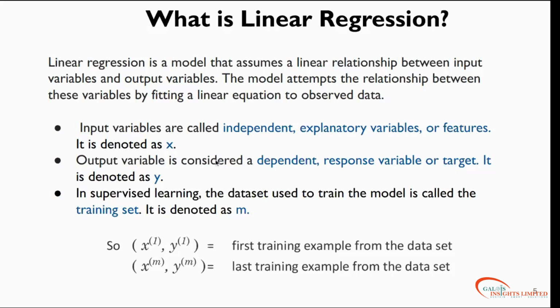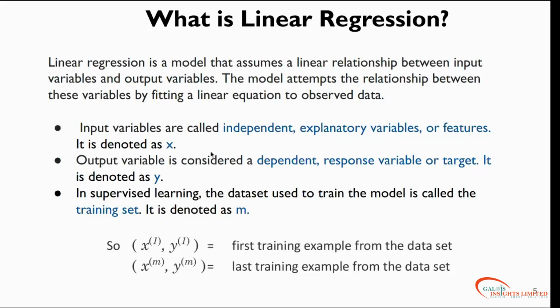The output variable is what you normally refer to as the dependent variable or the response variable. In other literature, we refer to it as the target. I think target is one of the more accurate names given to the output variable, and it is mostly denoted as y.